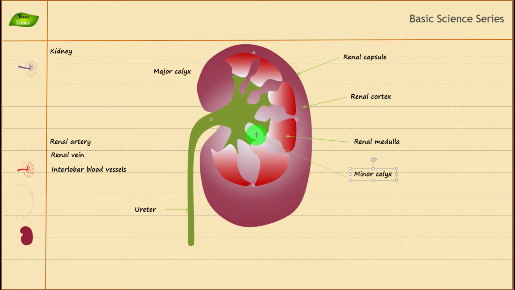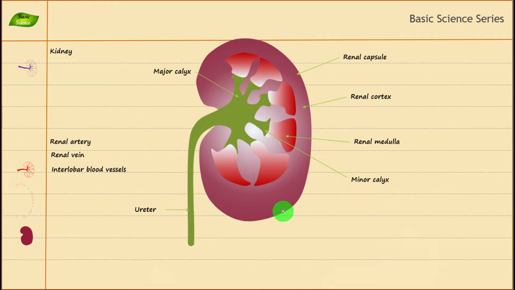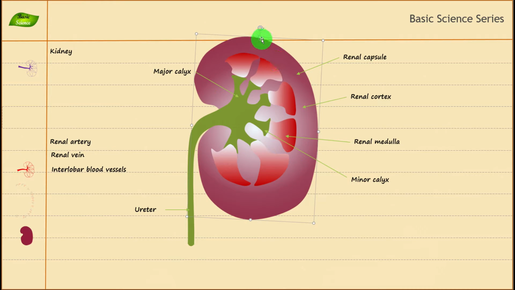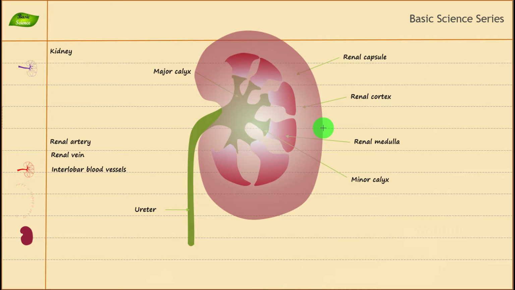So maybe I can label this as a minor calyx. Okay, so you have minor calyx, then you have major calyx. So this here might be the major calyx that is collecting the urine, and looks like the outer also needs to be a little bit shifted, because I'm going to add additional structures, so I need some space.